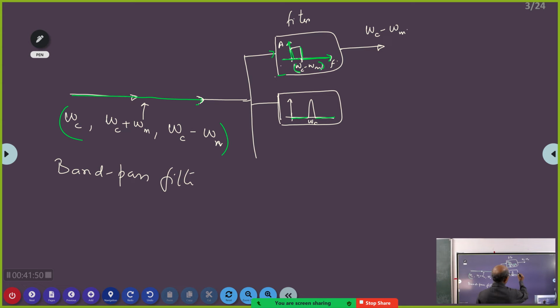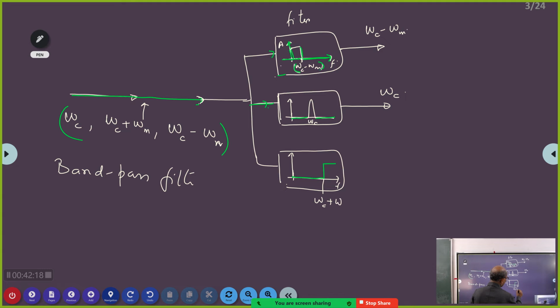So, what will I get here? Output? Only omega c. Got it? Now, here, what type of filter will I write? Omega c plus omega m. So I will have the filter like this. This point will be what?